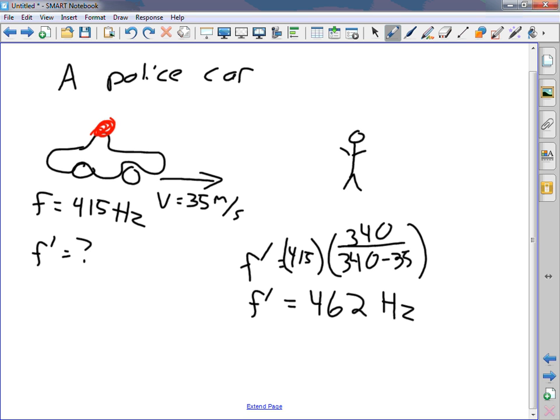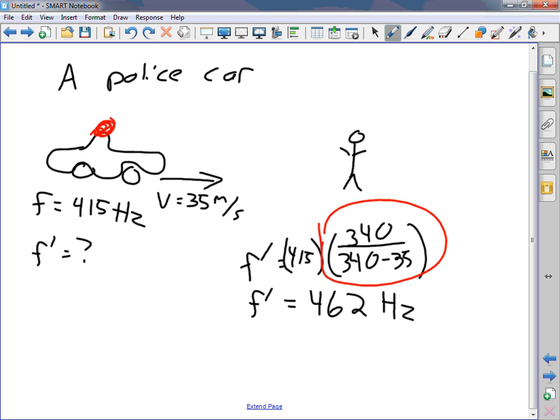Yeah, the trick here is this entire thing, this 340 divided by 340 minus 35, becomes a multiplication constant, right? Think about units. In the numerator, what is its unit? Meters per second. In the denominator? Meters per second.